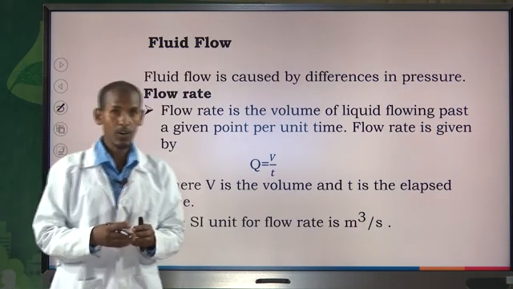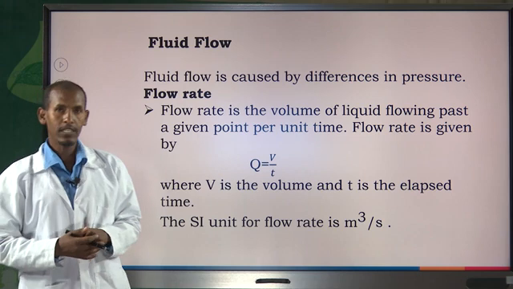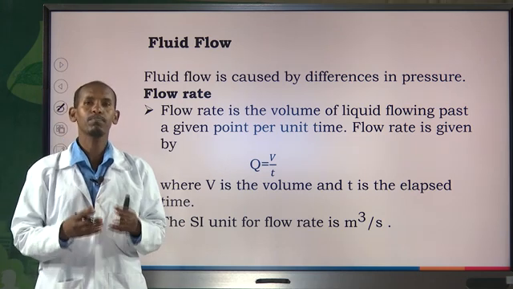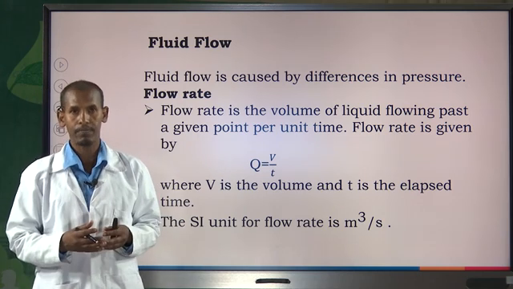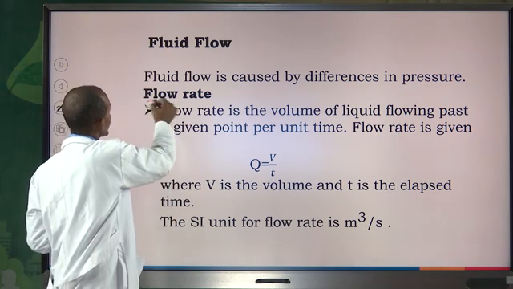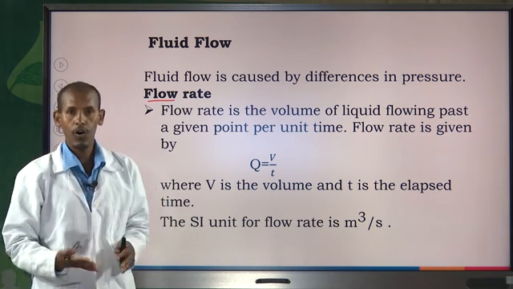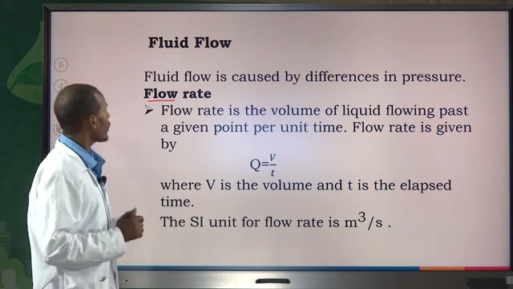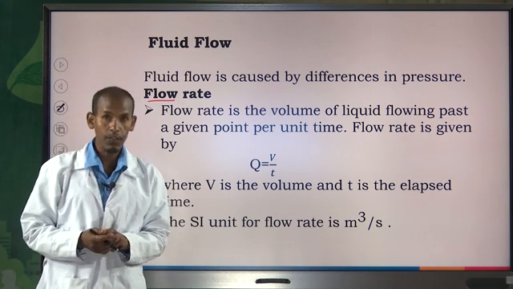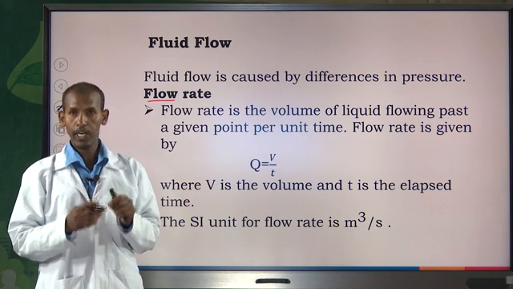The last topic that we'll see today is fluid flow. Fluid flow is caused by a difference in pressure. Flow rate is used to express how much volume flows in a given time. Flow rate is the volume of liquid flowing past a given point per unit time.